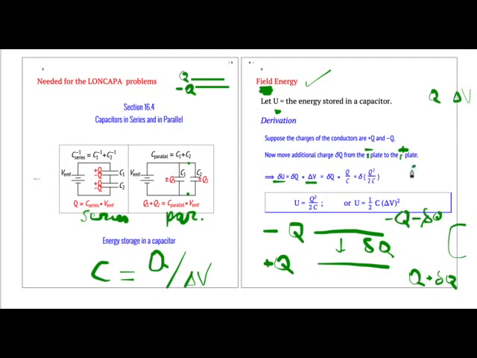So the change of some quantity x squared, if I change x from x to x plus dx, is 2x times the change in x.